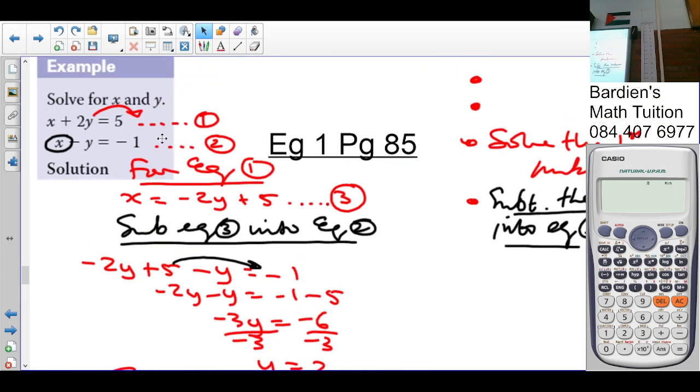Let's see what's correct. If x is 1 plus 2 times y, which is 2, what's 2 times 2? Plus 1 is 5. So that one works. X is 1, y is 2, so 1 minus 2 is negative 1. Can you see it works? You want to do it again? Alright, let's go a bit quicker.